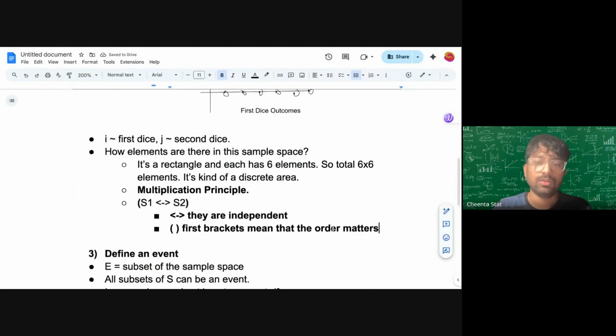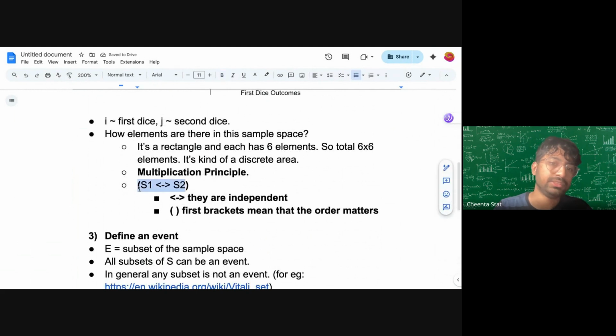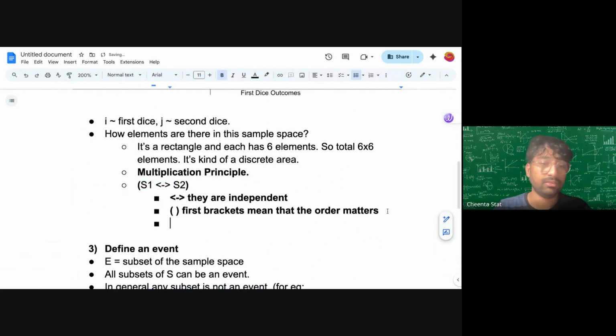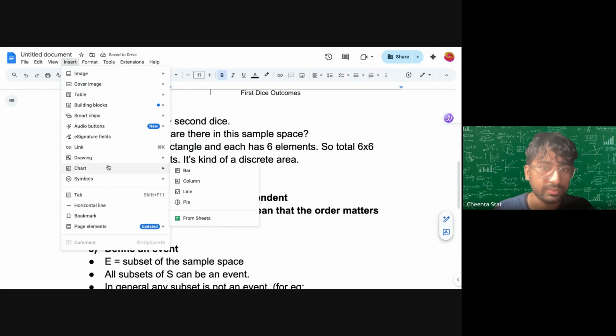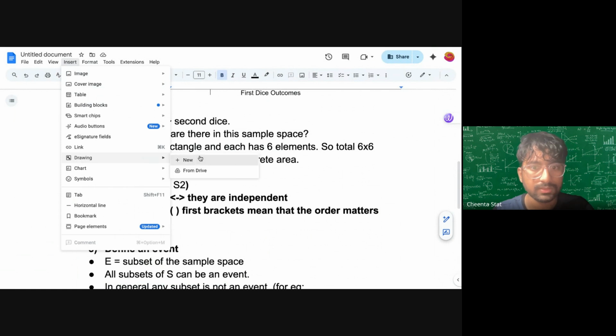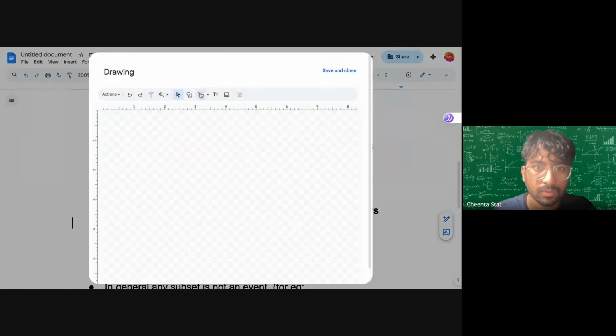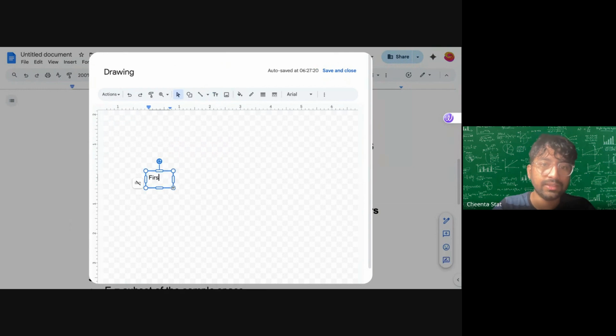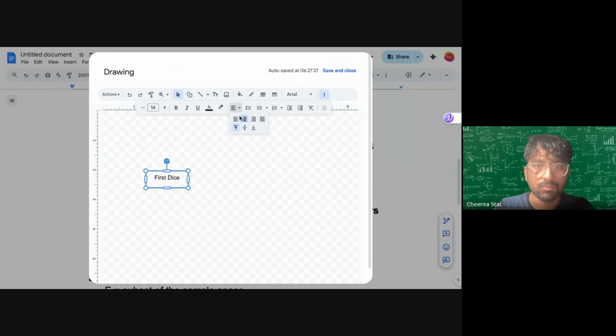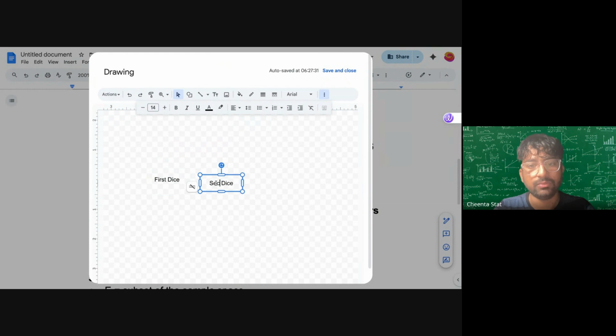In this case, the tree diagram is the most important. What is happening is simple, a tree diagram like this. You can say the first die outcomes and the second die outcomes, and they're independent.